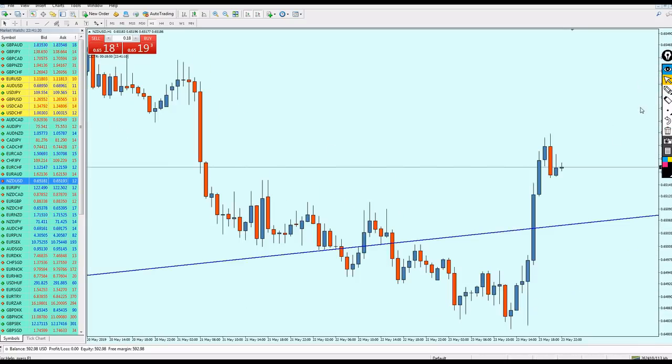Yeah, what I'm looking at is this tiny support here. This support has been broken out by this bullish breakout candle. So it is a good chance: when the market comes down here, we can buy the pair, and hopefully the market will go up until the nearest resistance, and we can get out with some sweet pips.